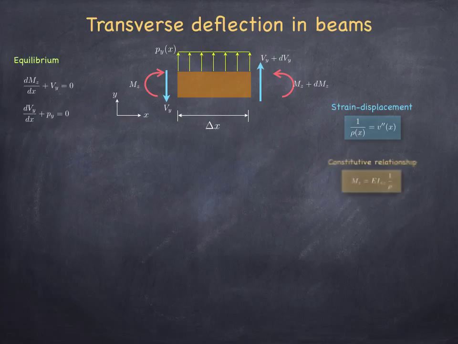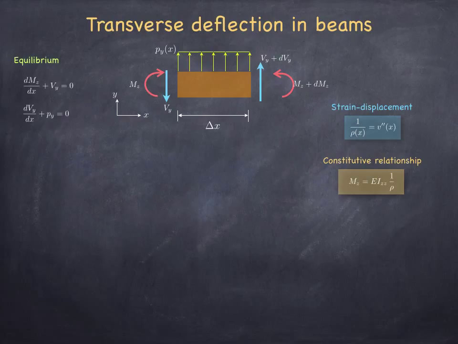I will also bring in a constitutive relationship. In this particular case, it's going to be the relationship between the moment and the curvature, and it's simply moment is equal to bending stiffness times the curvature. I'll take these two equations in the boxes, the blue and the yellow box, and weave them into the equations on the left. To do that, first I'm going to condense out one of the equations in favor of the other on the left side.